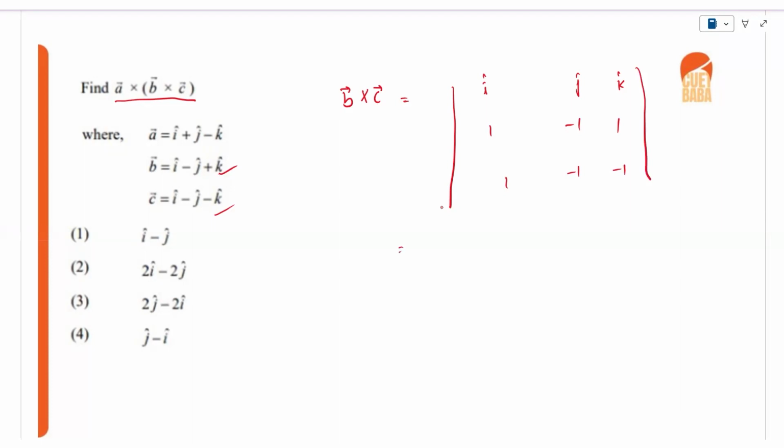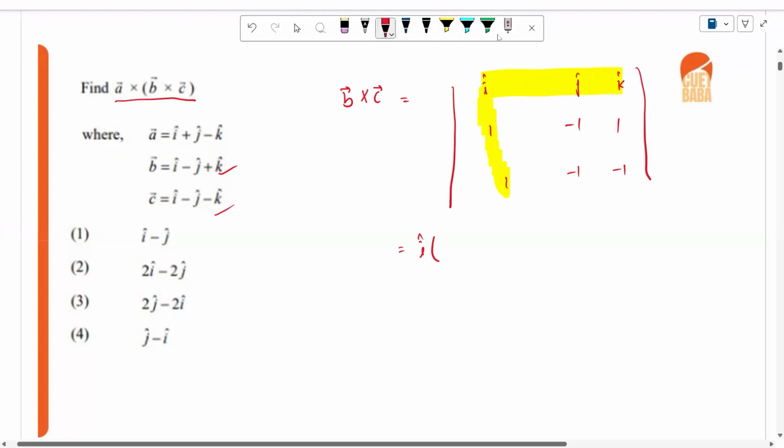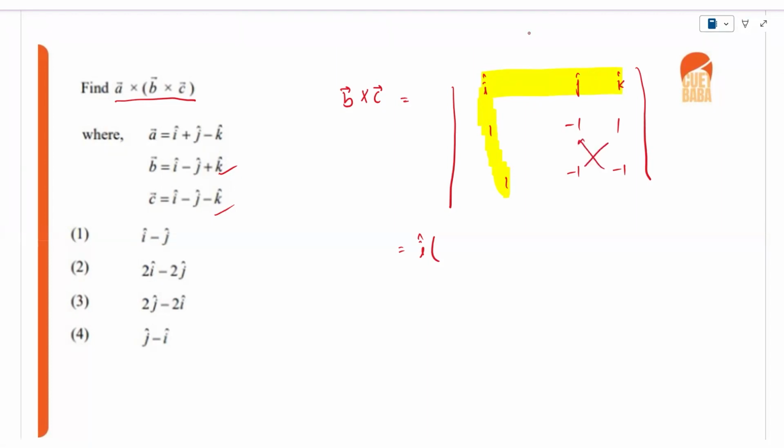Okay, when we expand for the I cap, we will keep this column, we will neglect this column, and this one also. So obviously the answer would be I cap, and then we multiply these two.